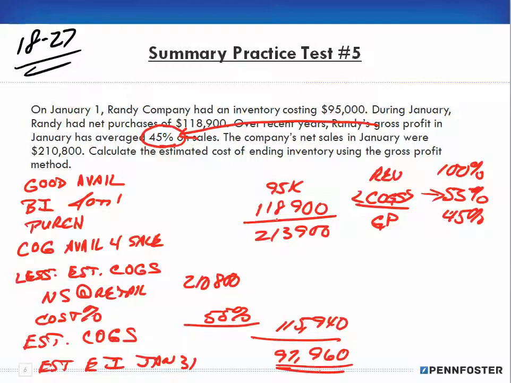I'm not going to do a recap on this particular problem because on problem 18-27, I worked through the problem just like I did now, and then I did do a recap. So go ahead and watch that video again if you need to work through the thought process again.